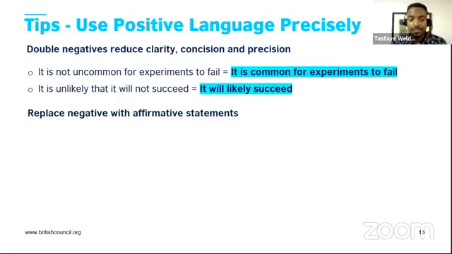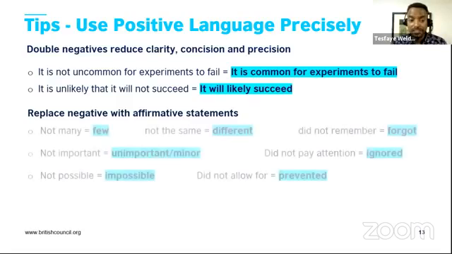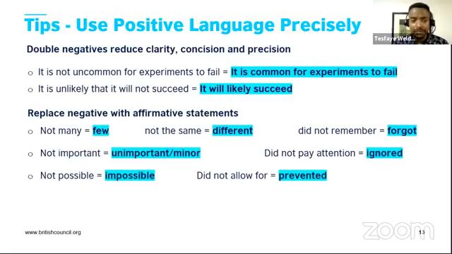Replace negative with affirmative sentences, like not many, just few. That's what you mean. Not important, minor or unimportant. Not possible, impossible. Not the same, different. You can remember in casual or personal writing, not many is okay.